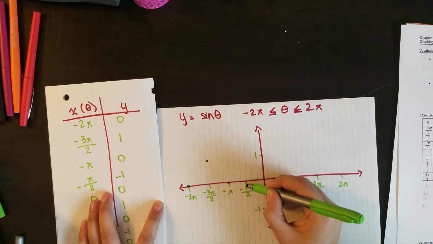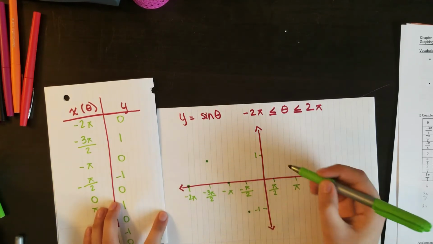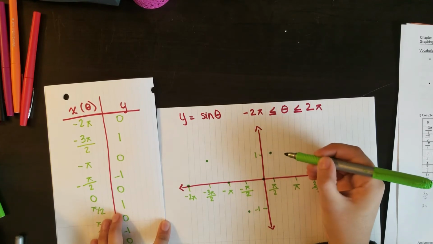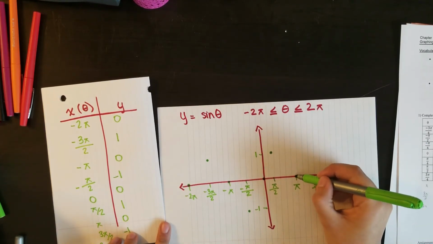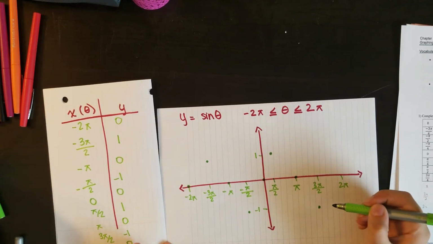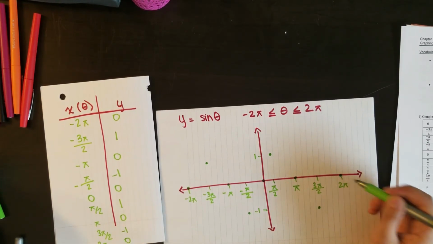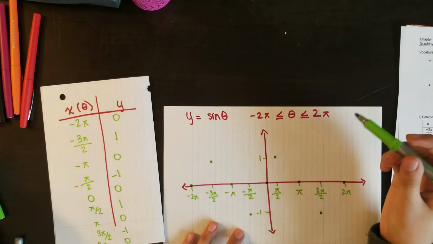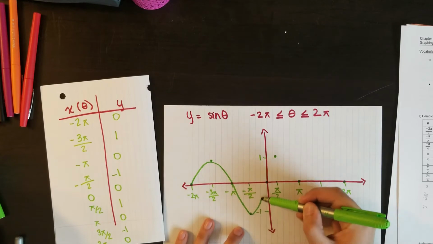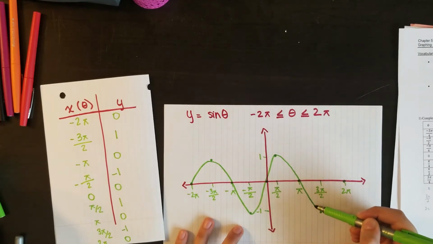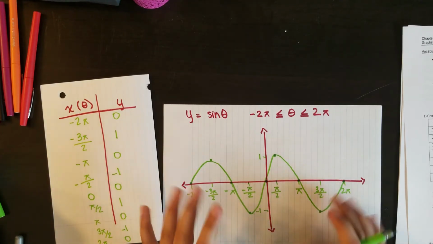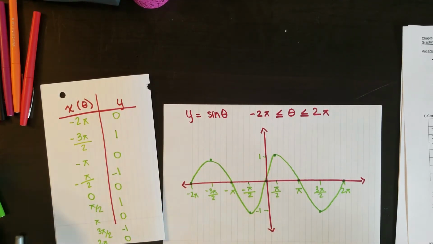At -pi over 2, -1, and 0 at 0. At pi over 2, 1; at pi, 0. 3 pi over 2 is at -1. 2 pi is back at 0 again. So now I'm just going to connect all these dots. This might not look so pretty because I'm not doing it on graphing paper, so the points are a bit inaccurate, but you get the idea.